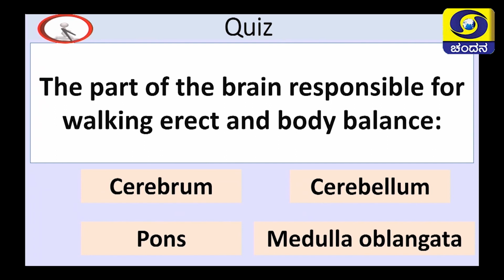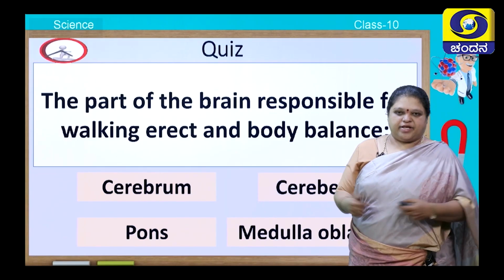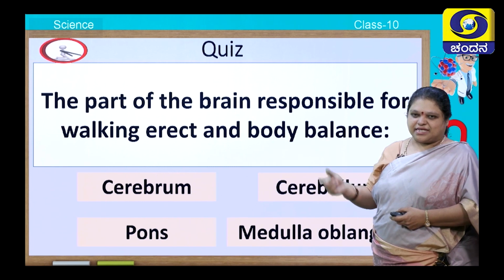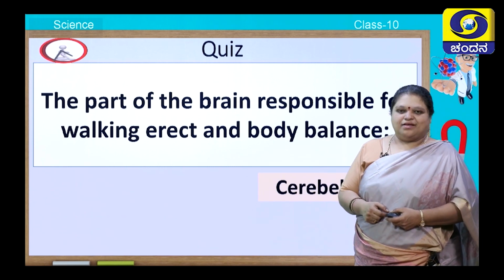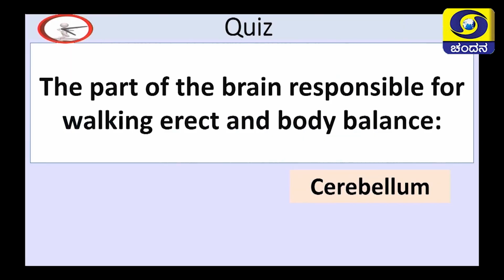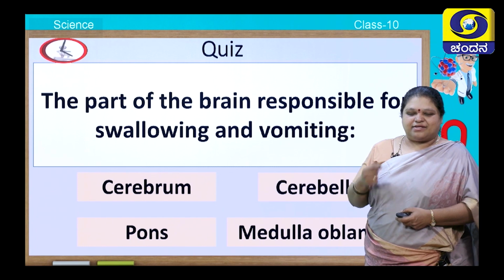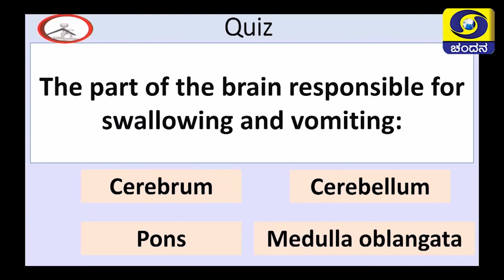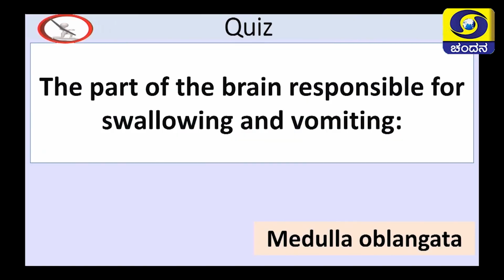Next question, the part of the brain responsible for walking erect and body balance. Same options. Correct answer is cerebellum. Next, the part of the brain responsible for swallowing and vomiting. Same options. Correct answer is medulla oblongata.